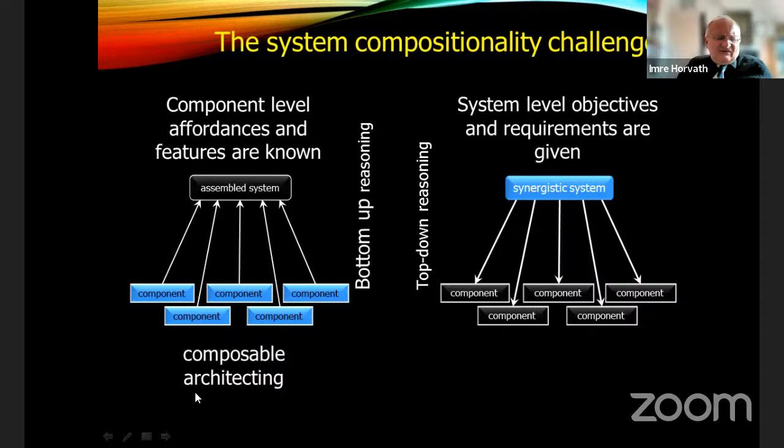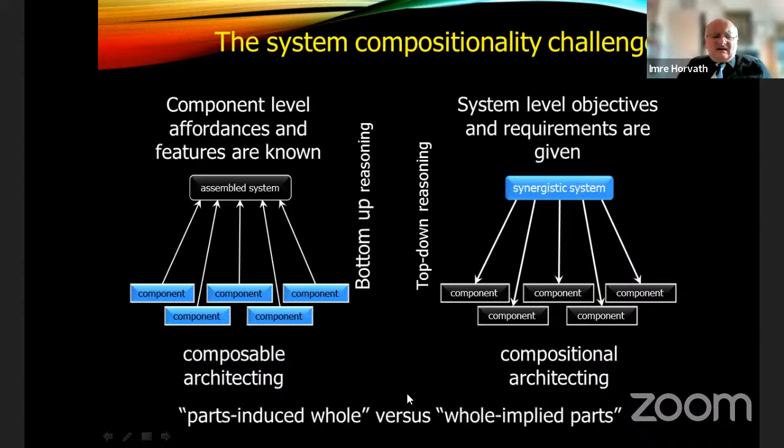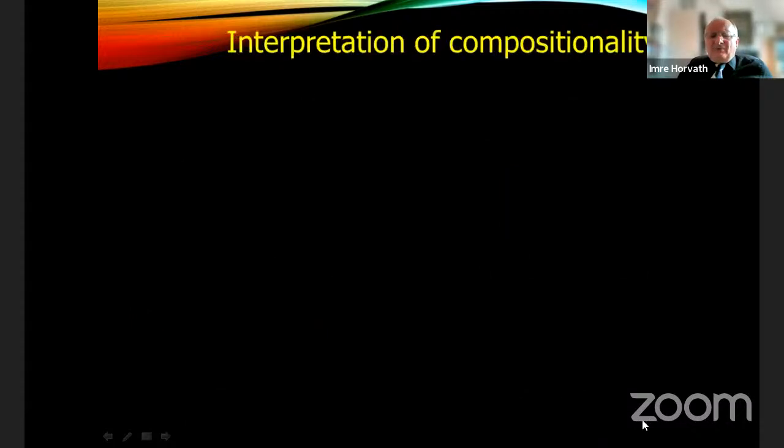This is why we differentiate composable architecting and compositional architecting. In order to see it with the mind, I put here that the composable architecture produces a part-induced whole, while the compositional architecting produces a whole-implied part.